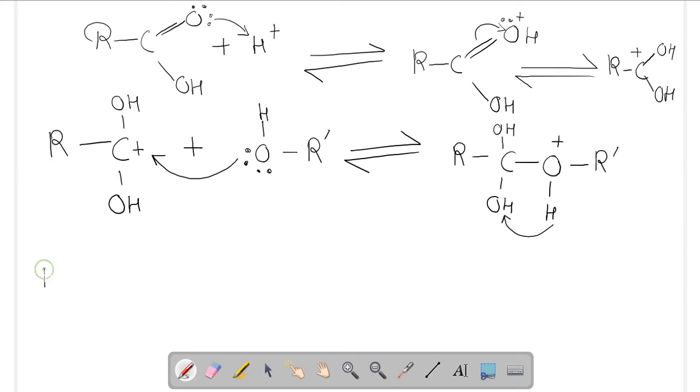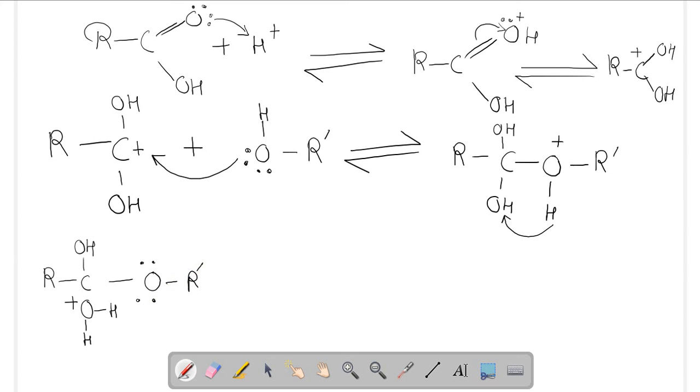So here the compound will convert into the form like this, where this O will get attached to the 2H, and a positive charge will be gained here, and this O will get back its two lone pairs of electrons.